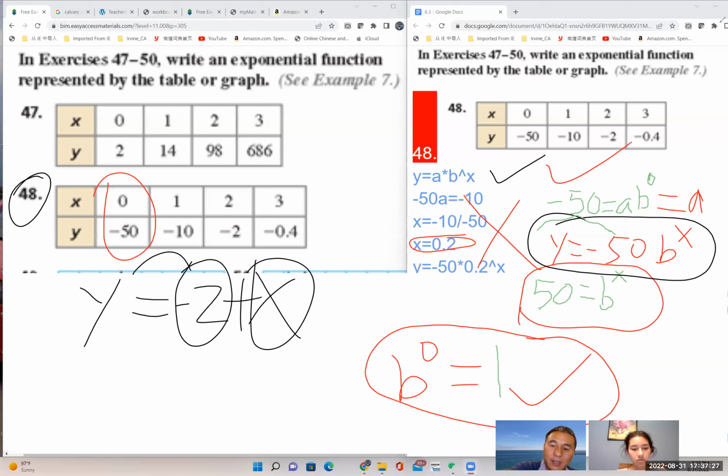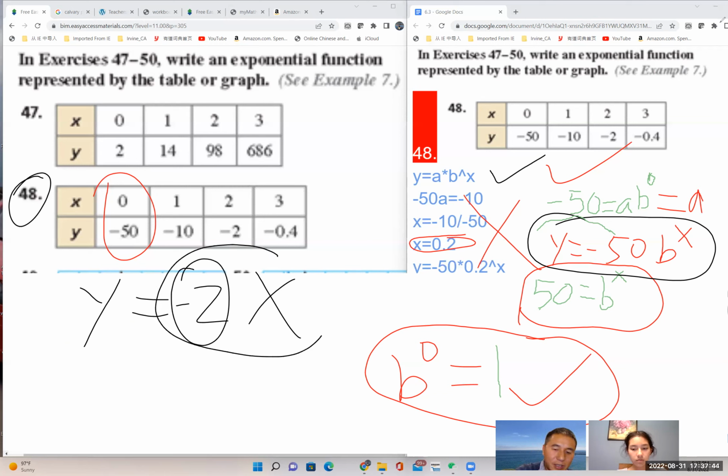But here it's different. Here we call 2 the coefficient of x, right? It's not a term. It's a factor in this term, so you cannot move it.